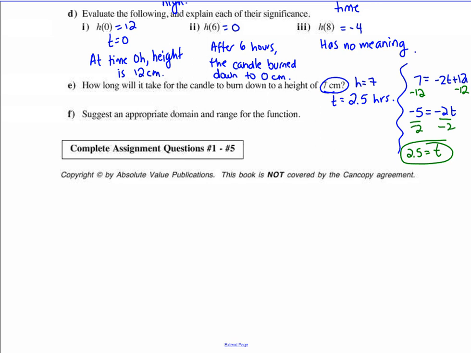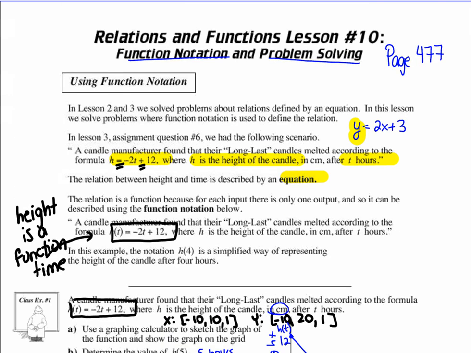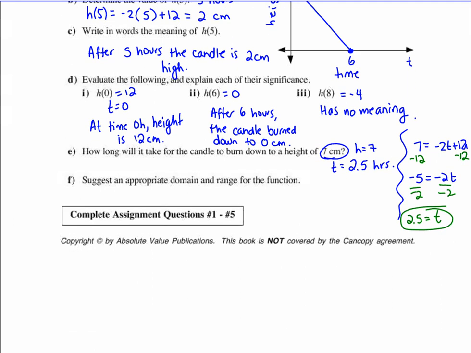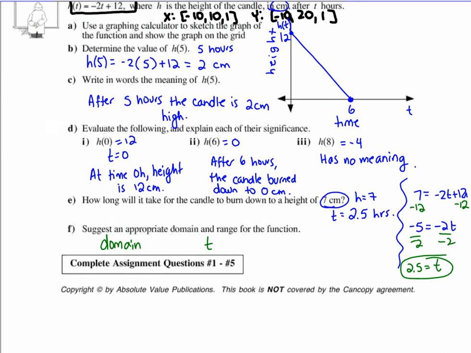I suggest an appropriate domain and range. So the best domain and range for this graph is where the function actually exists. In terms of this function, the domain would be, well, let's see, time. Now we're going to use, instead of x, the t variable. Time is between what two values? So how far left does the function go?